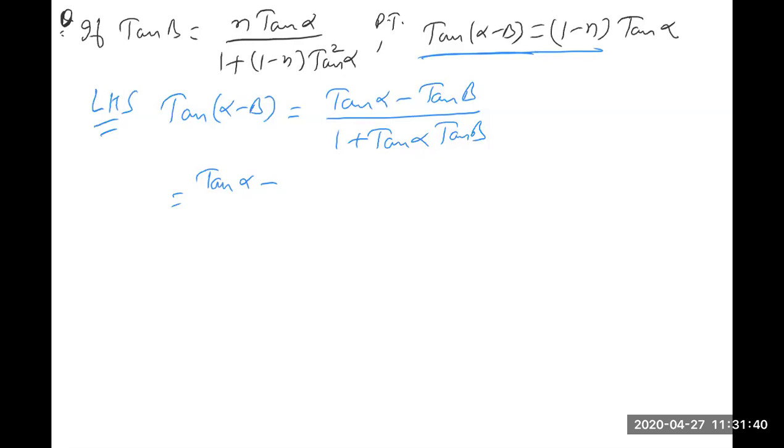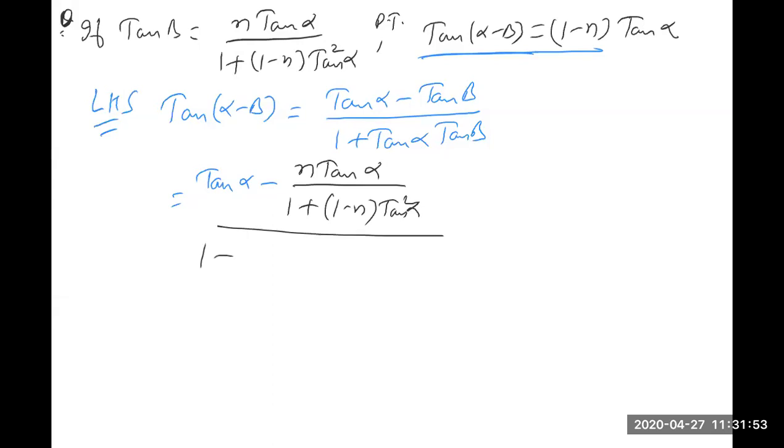Tan alpha minus tan beta, where tan beta is n tan alpha upon 1 plus (1 minus n) tan square alpha, in the numerator. In the denominator, 1 plus tan alpha into tan beta. Everybody has done it. Okay, but still no problem, let me check. So 1 plus (1 minus n) tan square alpha.